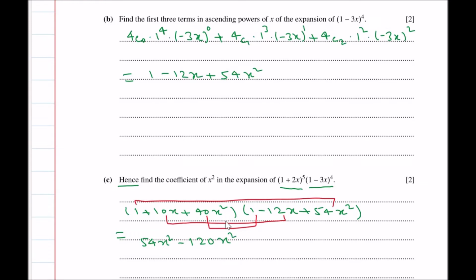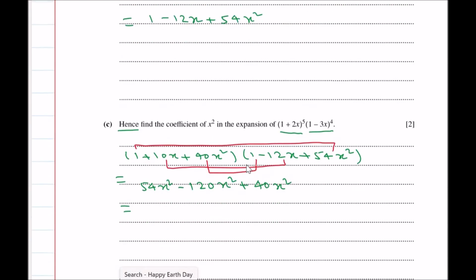And if we multiply 40 into 1, that gives us plus 40x square. Okay. Now if you simplify this, we get minus 26x square.